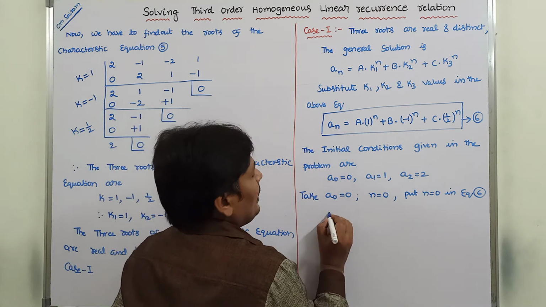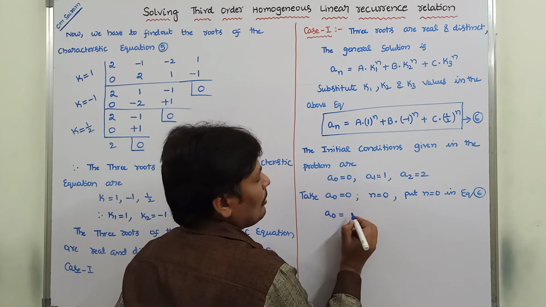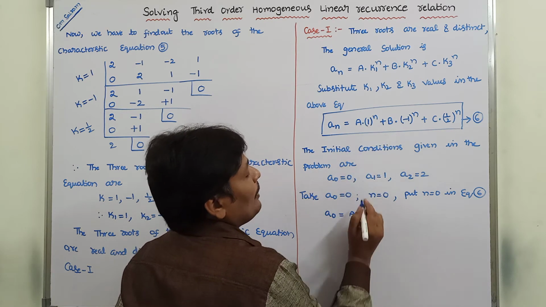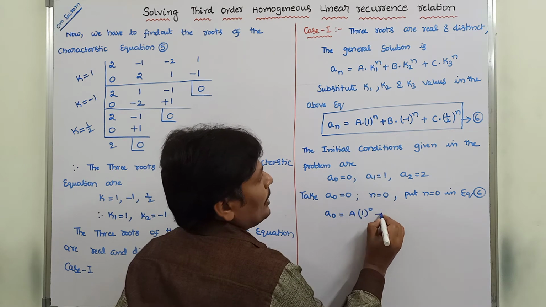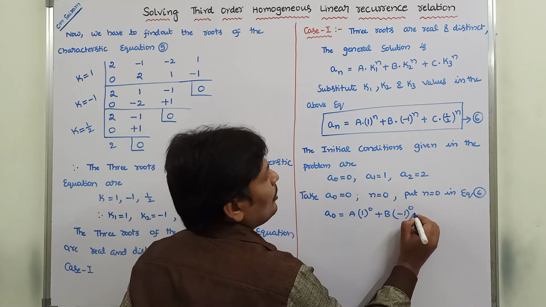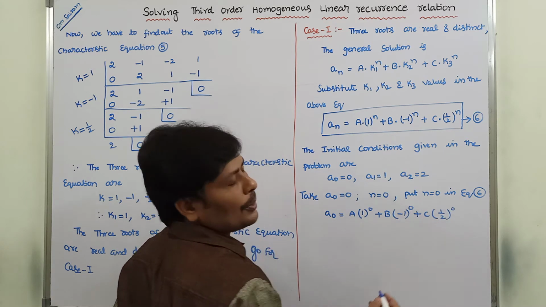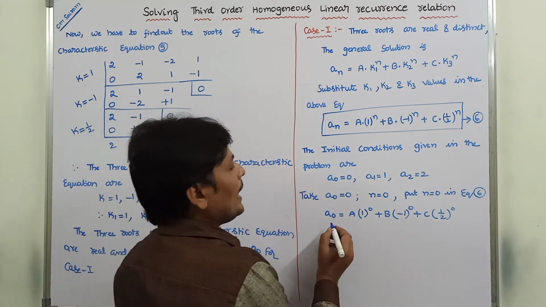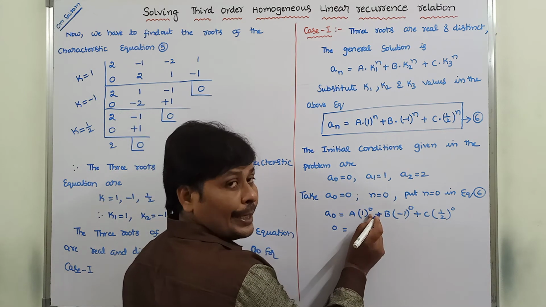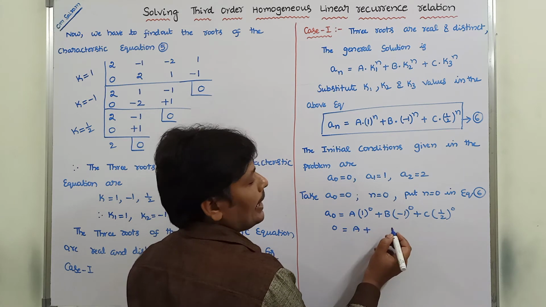So therefore A suffix n means A0 is equal to A into 1 power 0 plus B into minus 1 power 0 plus C into half power 0. So A0 value is 0, that is equal to 1 power 0 is nothing but 1, that is 1 into A, that is A.